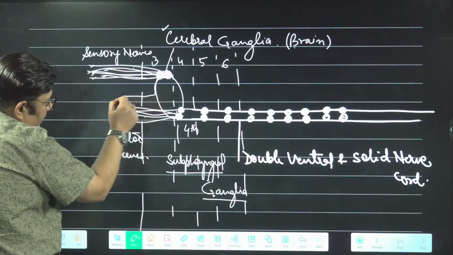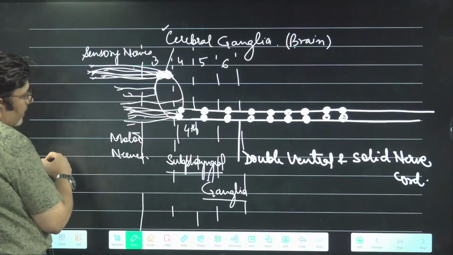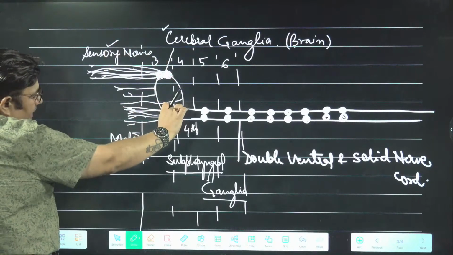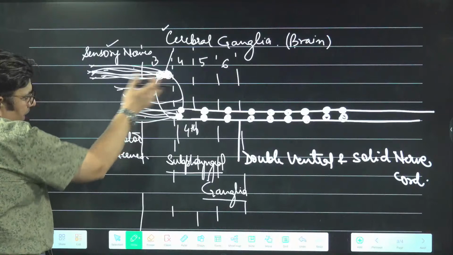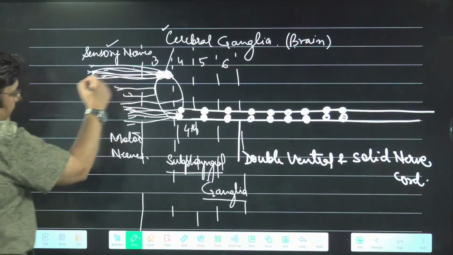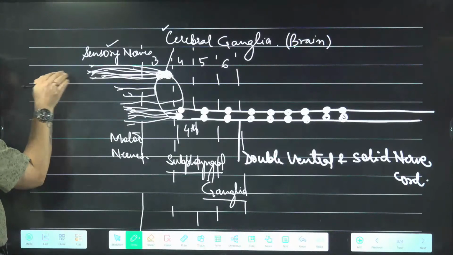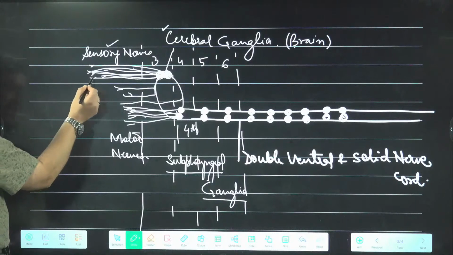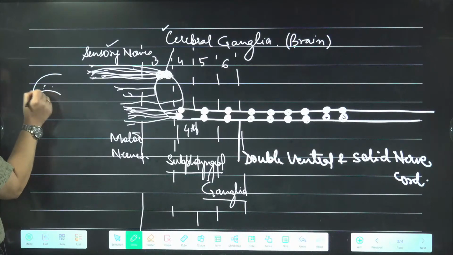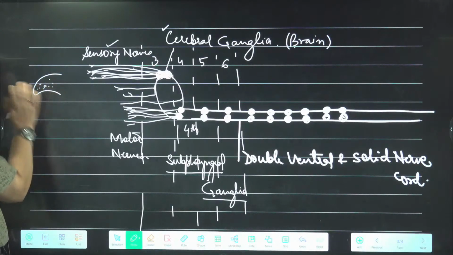And there are other nerves coming from the ring, mainly the upper part, the brain part, sensory nerves, and the subpharyngeal motor nerves and other nerves which are integrating. For example, when this animal digs a small area in the soil and tries to taste with the prostomium, it has chemoreceptors, which are the taste receptors.